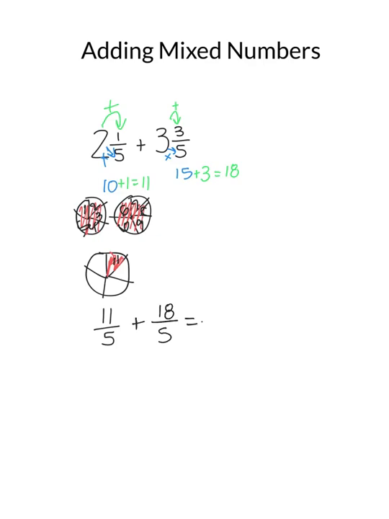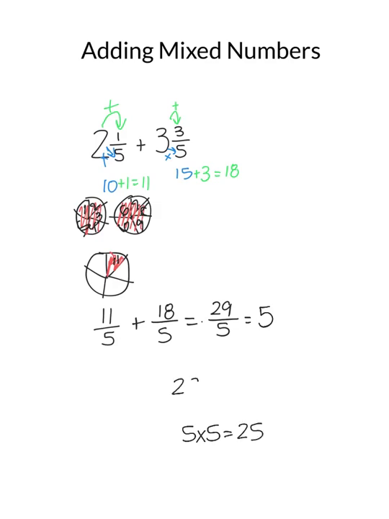So now I will just add like normal. 11 plus 18 is 29/5. So I want to change this now to a mixed number. So I'll think about how many times does 5 fit inside of 29? Well, I know that 5 times 5 is 25. So it fits in 5 full times, and 5 times is 25.